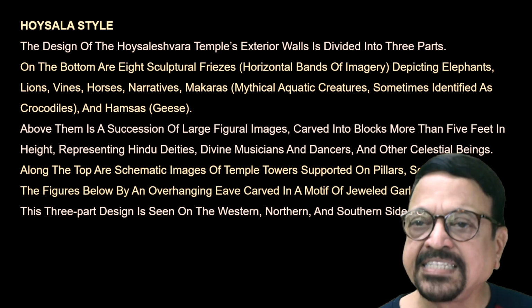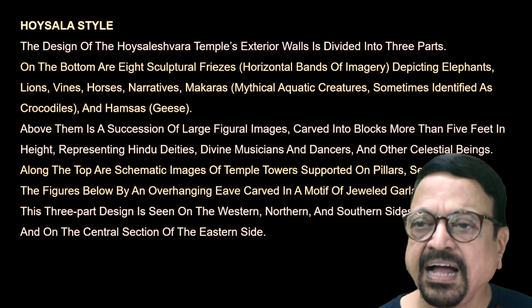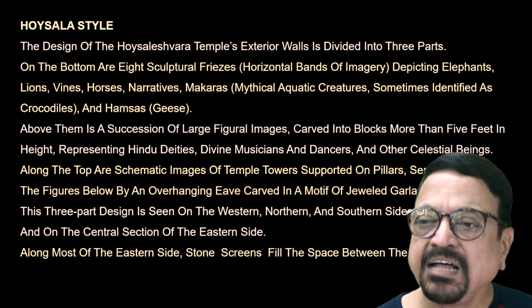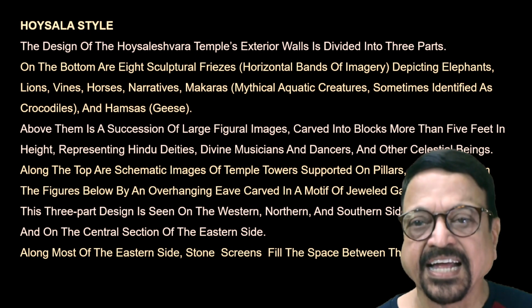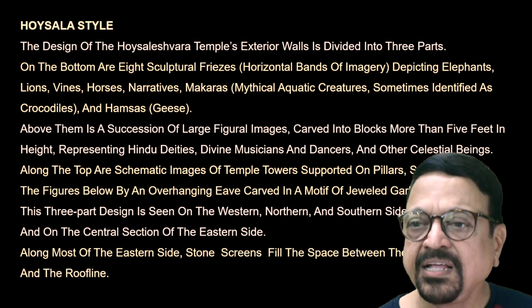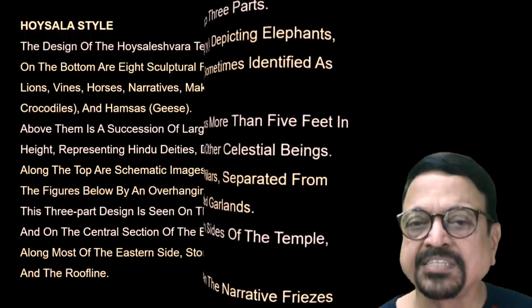This three-part design is seen on the western, northern and southern sides of the temple and the central section of the eastern wall. Most of these eastern side stone screens are filled with space between the narrative friezes and the roof lines. So that is roughly what we are describing.